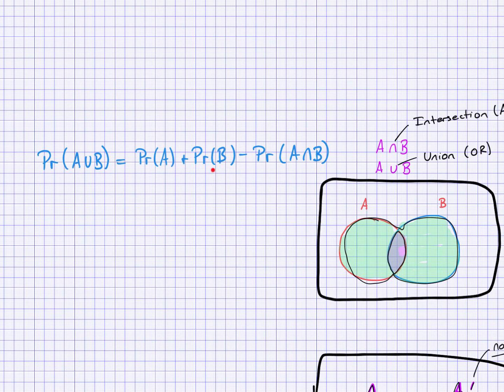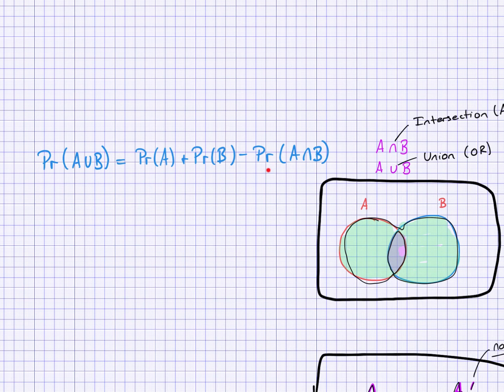Now, you might think that's pretty straightforward, all right? But the reason we have to subtract out the intersection is because if I count everything inside the A circle and everything inside the B circle, you can see that I'd count this little part in here twice, can't you? If I counted all of that and all of that, I would count the intersection twice.